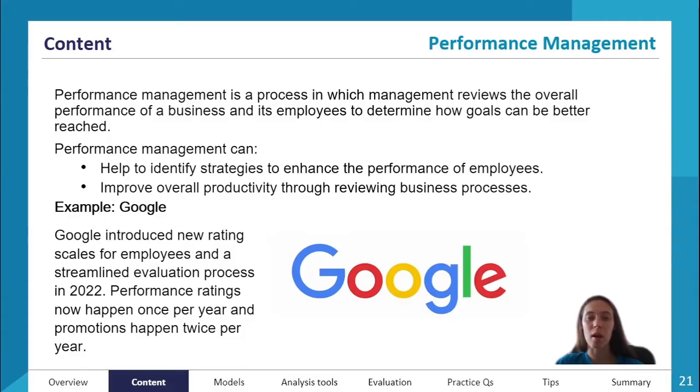So it's about looking at ways to enhance the performance of employees, and promotions can be that motivational strategy to make that happen. And if they're more motivated, then that can have that flow-on effect again of increasing productivity.